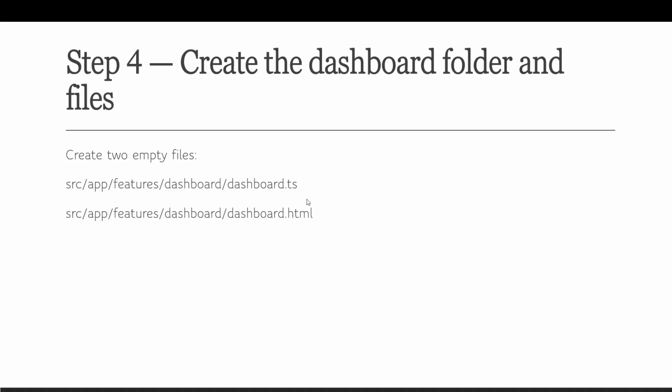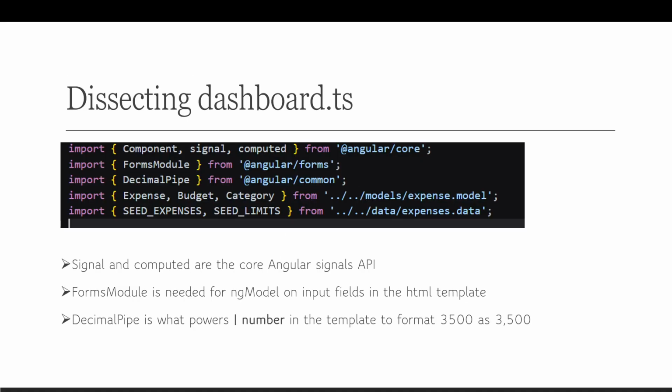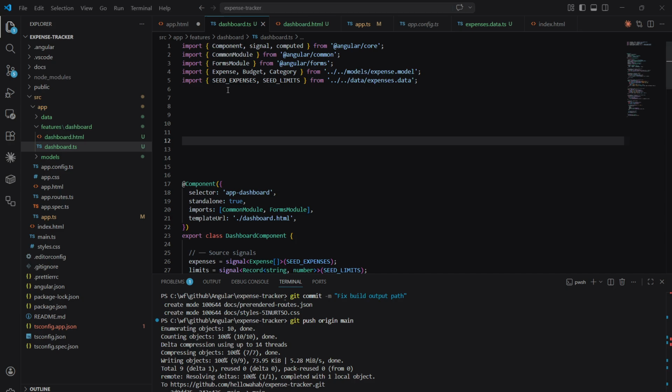Let's read it one by one. You can see we have used multiple imports. One is for component, the signal and the computed. Signal is going to be used in the HTML, I'll be quickly showcasing that, and the computed is also used in the code below.